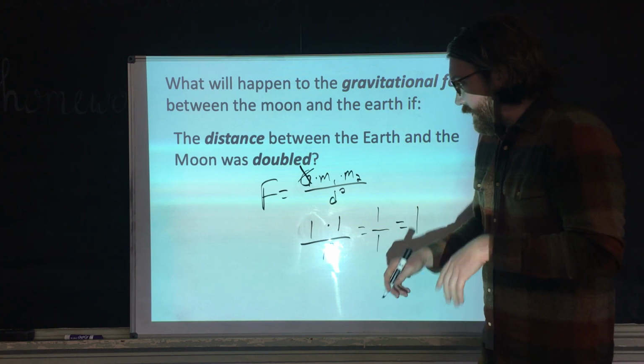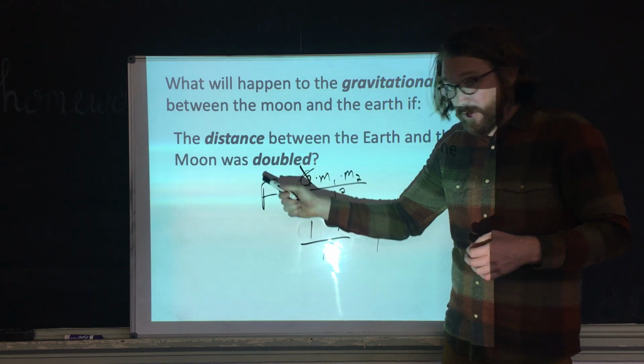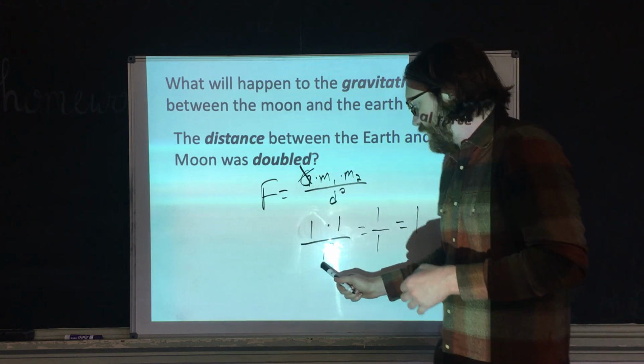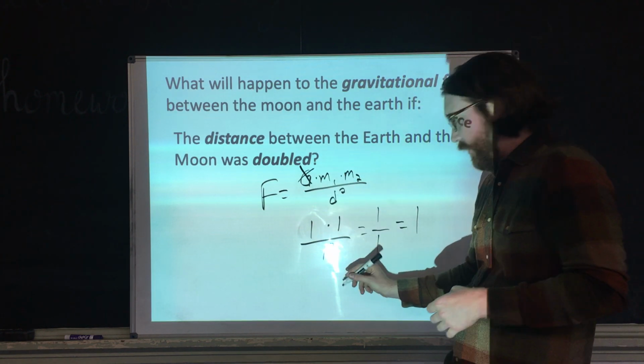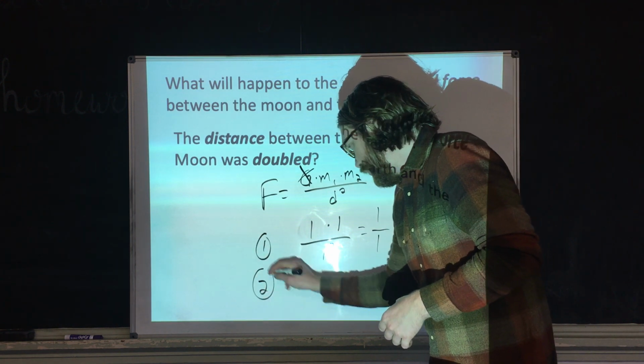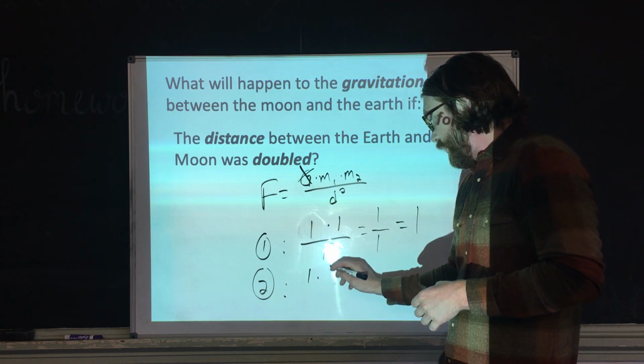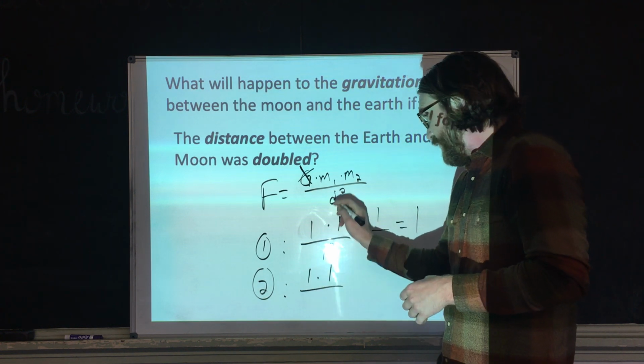Now we are going to double the distance. So instead of our distance being 1 squared, this is example 1, now 2. Now we still have mass 1 is 1, mass 2 is 1, but now the distance is doubled.